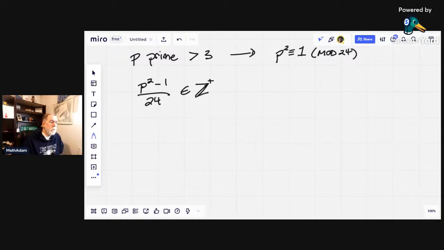We want to show that 24 will go into P squared minus 1. Okay, so let's write that again over here, P squared minus 1, but let's split up 24 into its prime elements. So it's 2 cubed times 3, there's P squared minus 1.